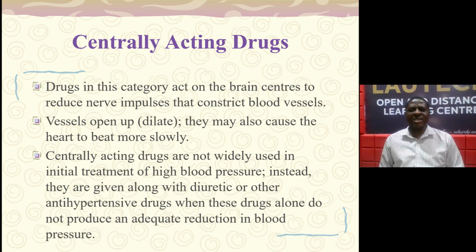Not only that, they may also cause the heart to beat more slowly. When that happens, the heart will conserve energy and reduce the rate of oxygen consumption. And this may indirectly even reduce the angina. So, centrally acting drugs are not widely used in initial treatment of high blood pressure.